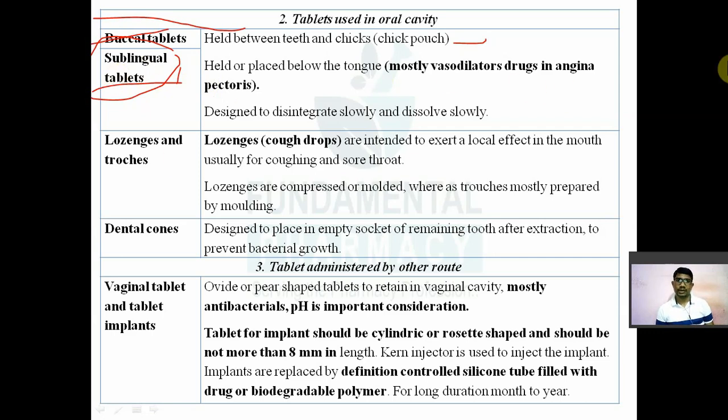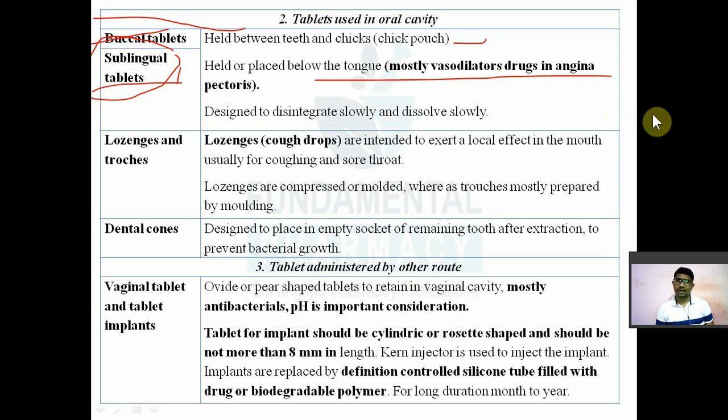It is held or placed below the tongue, and this is most commonly used for angina pectoris. Most commonly vasodilators are formulated as a sublingual tablet for the treatment of angina pectoris. First pass metabolism is bypassed. Remember, first pass metabolism is bypassed by sublingual.